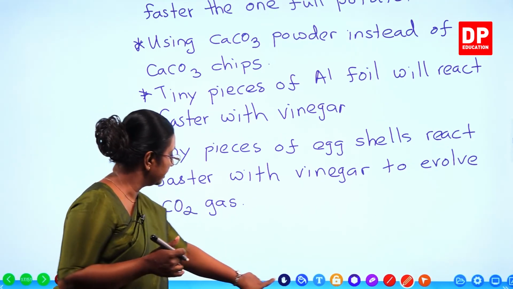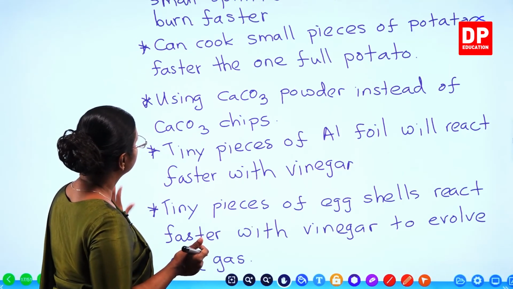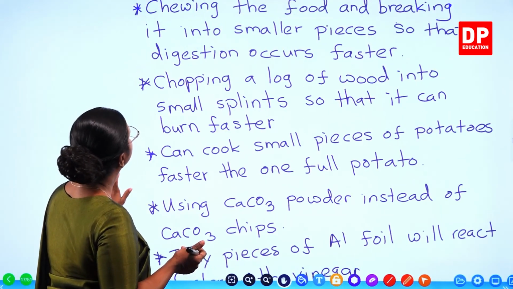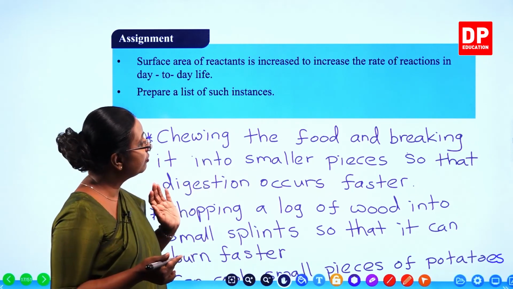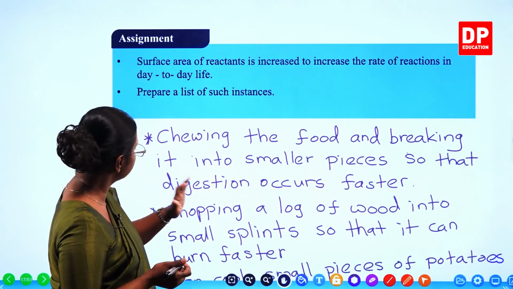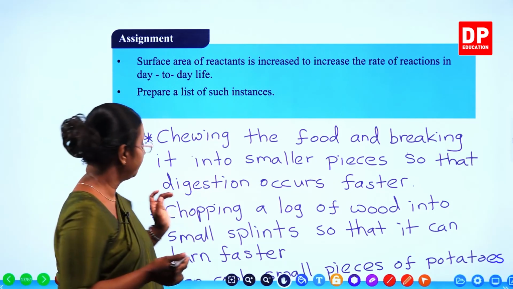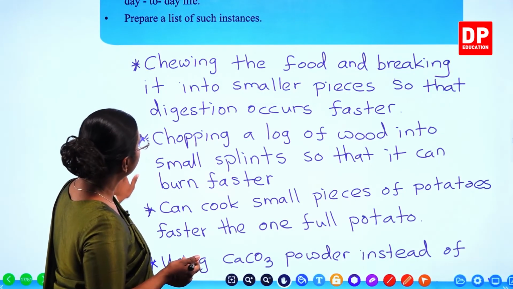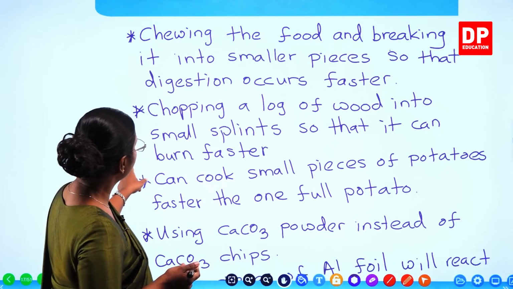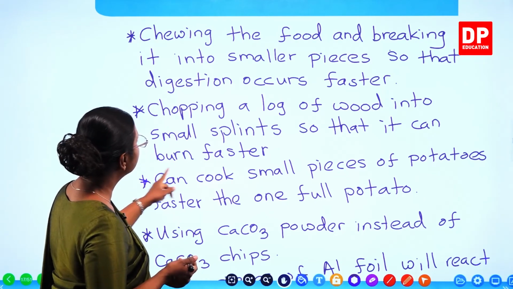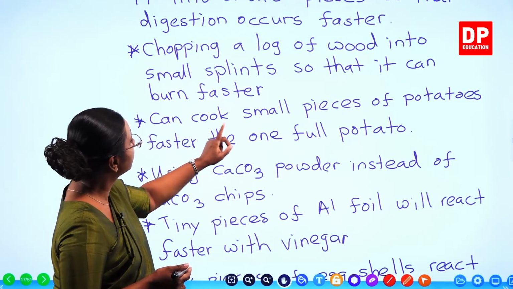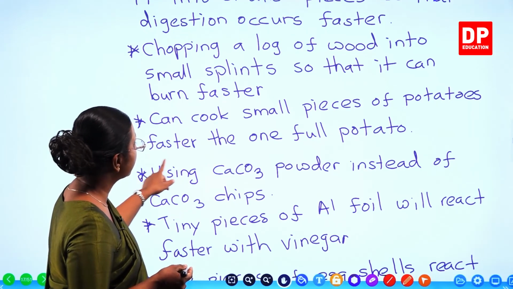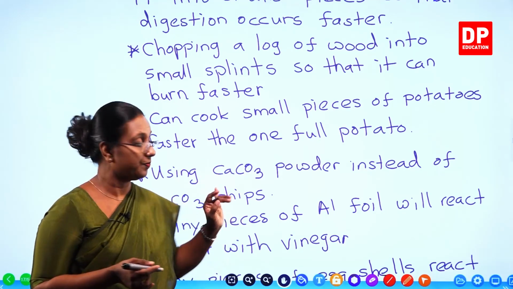So here, if I show you all the assignment, chewing the food and breaking it into smaller pieces so that digestion occurs faster. Then chopping a log of wood into small splints so that it can burn faster. Then also we can cook small pieces of potatoes faster than one full potato.